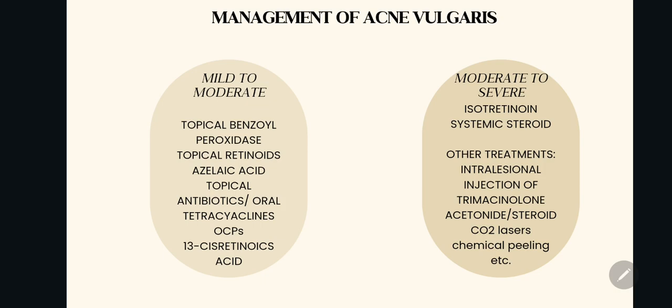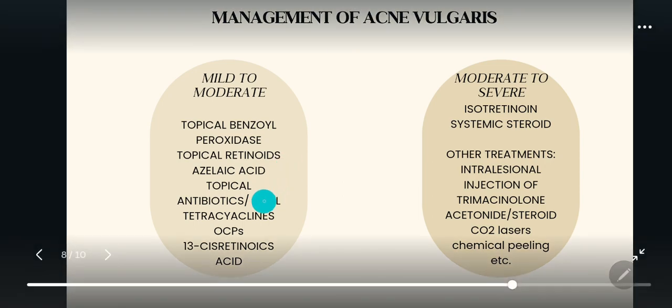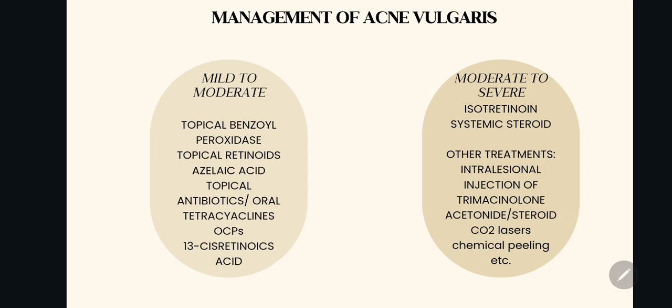Now let's talk about moderate inflammatory acne. In moderate inflammatory acne, a systemic tetracycline such as oxytetracycline or lymecycline or doxycycline should be used at adequate dose for 3 to 6 months in the first instance. If the case fails to respond, then alternatives include erythromycin or trimethoprim.